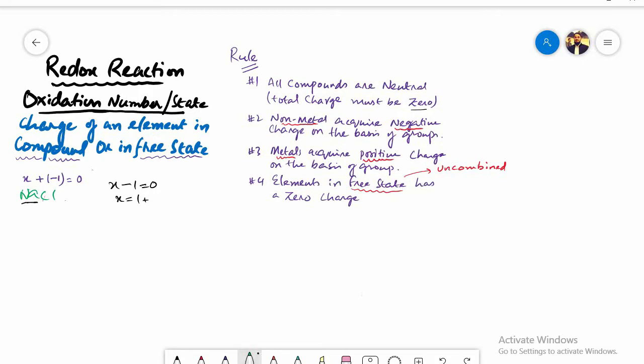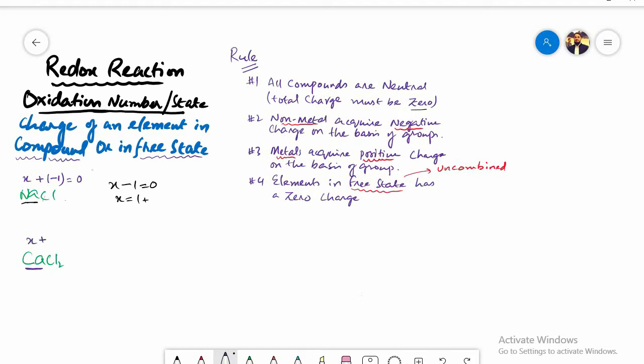Another example is calcium chloride. This compound is somewhat different from sodium chloride, how? Because the first compound, sodium chloride, contains only 1 Cl, the second compound, calcium chloride, contains 2 Cl atoms with it. So applying rule number 1, making an equation to calculate the oxidation state of calcium, let's take it as x, since we don't know the oxidation state of calcium, adding the second one.